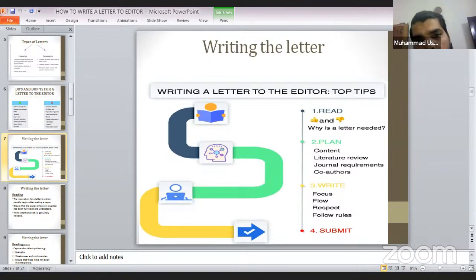In planning, you should plan the content, do the literature review, check the journal requirements, and decide the co-authors. The writing process deals with the layout, the pattern, and the tone. We're going to discuss all these stages in detail in the upcoming slides.